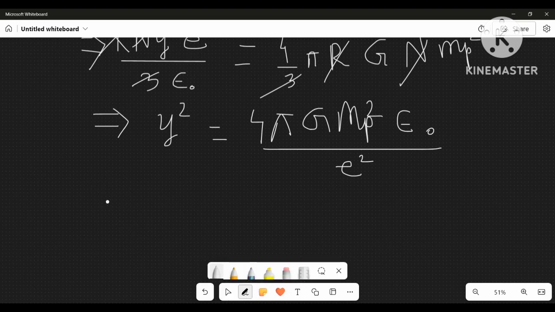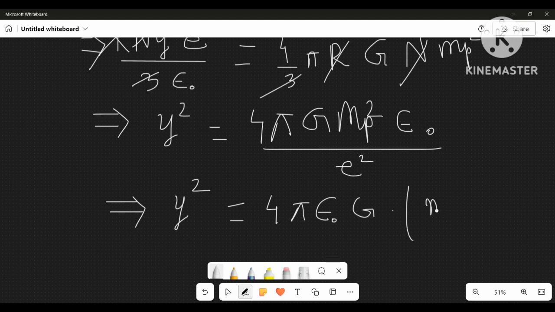So now we can easily write it like this, the final result. So we are almost near our solution. y equals the square root of 4 pi epsilon naught G mp squared over e raised to the power of 2.